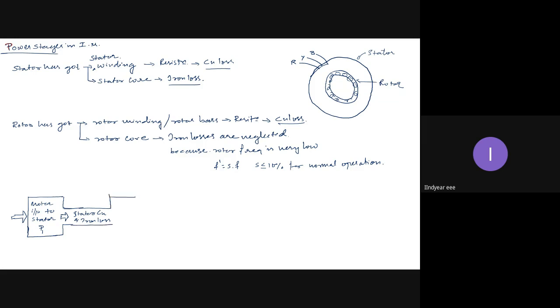Then the remaining power is given as rotor input P2.